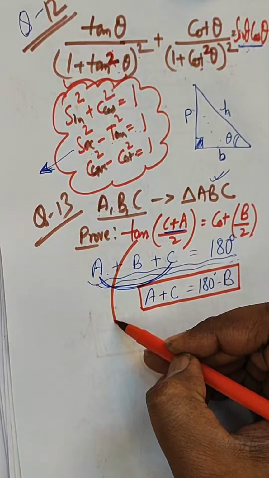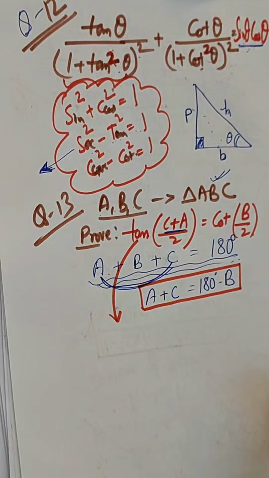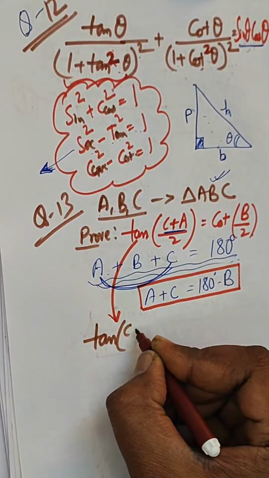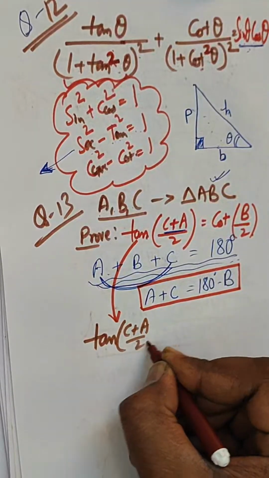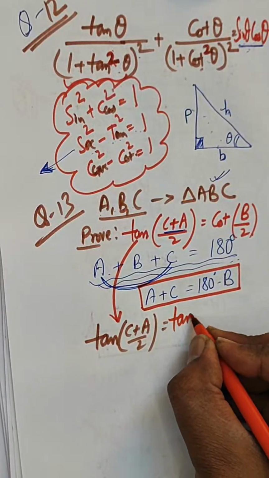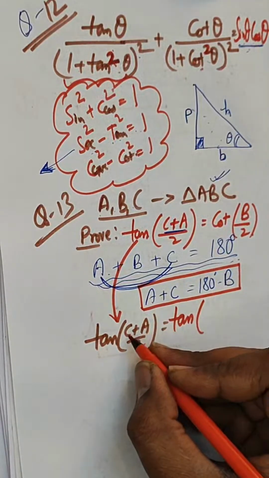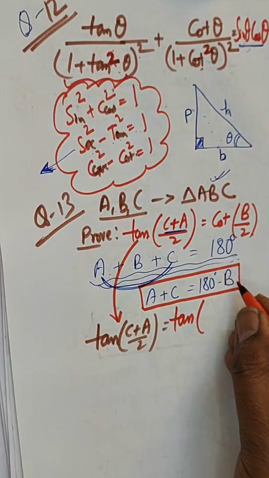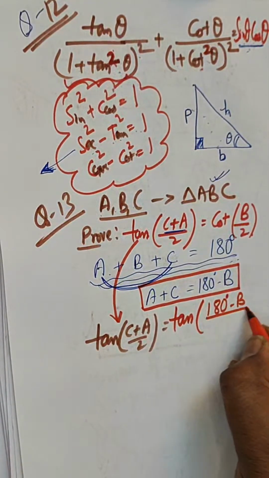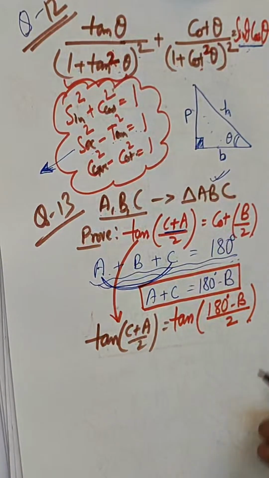Then this tan of (C plus A) by 2 can be written as tan of, instead of A plus C or C plus A, write 180 minus B. So this will be (180 degrees minus B) divided by 2, right?